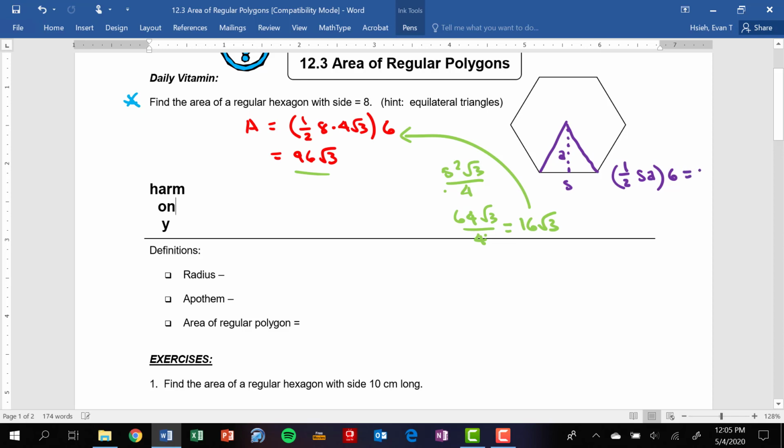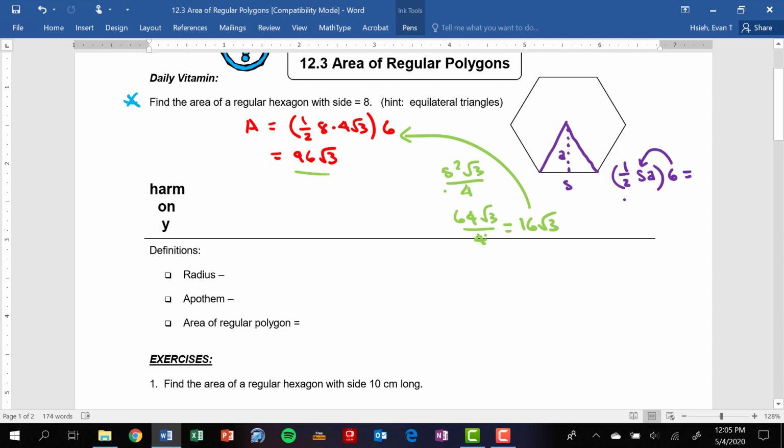If I simplify that, I know that the perimeter is just going to be 6 times the side. That's the perimeter.